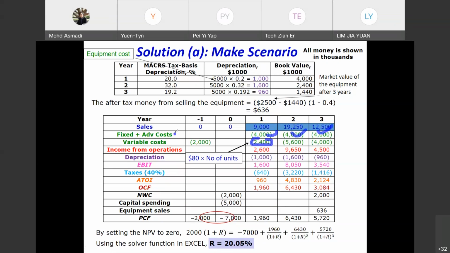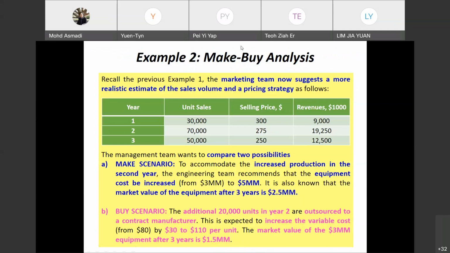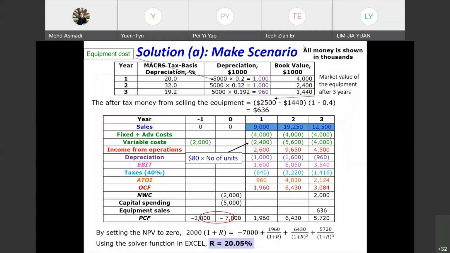Because variable cost is $80 per unit, meaning that the number of units you have to refer to this one, 30,000. Not the same. 50,000 for each year, meaning that it is times $80. Can you see it's changed, right?